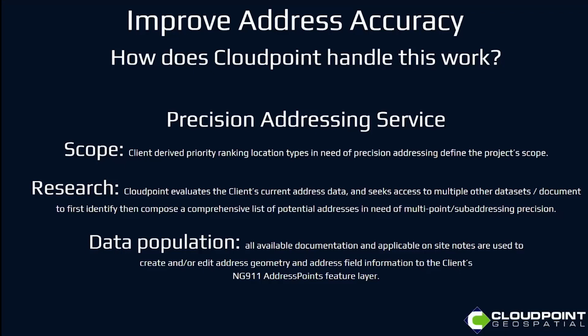So really identifying a prioritized list of multi-point address types or place types is important. Then we conduct our research on those areas, and if necessary, visit them. But we will conduct as much research as we can to collect those other data sources. And then we go about populating that data compliant with the NENA and more importantly, your state-specific NG9-1-1 schema requirements.